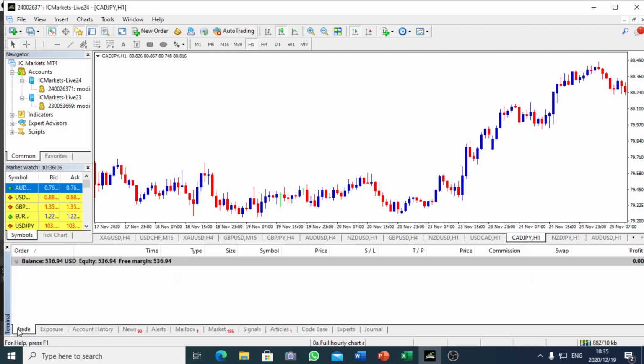When it comes to the terminal window, profile. Remember profiles? What if I want to trade only these pairs that I've put here? I don't want to keep on loading pairs here, and I also want to put some indicators on these pairs. Then next time when I log into my trading account, I will find them the way I left them.